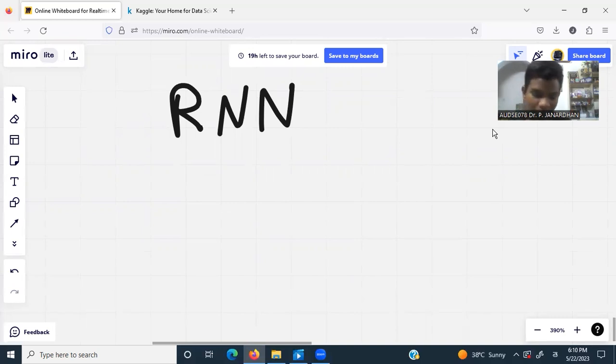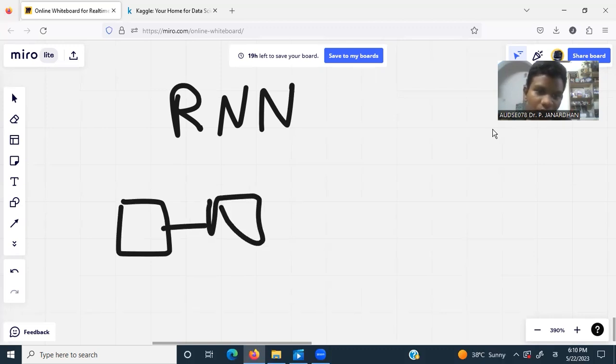I'll draw this for you so you can understand. Let's say this is a neural network. It has some weights and parameters, and what I'm going to do is take the output of this neural network and feed it again, get the output, feed it again, get the output, and therefore do the loss function and all that. I'll explain it to you.